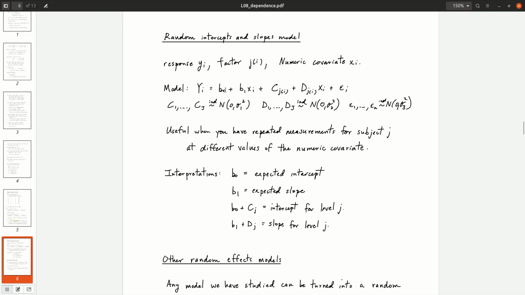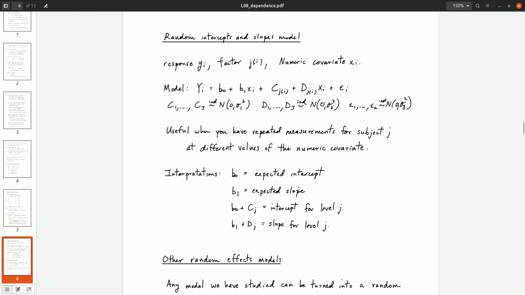So B0 is the expected value of the response when the covariate is 0, because this term has expected value 0 and this term also has expected value 0. So among the population of patients or subjects, this is the expected intercept.